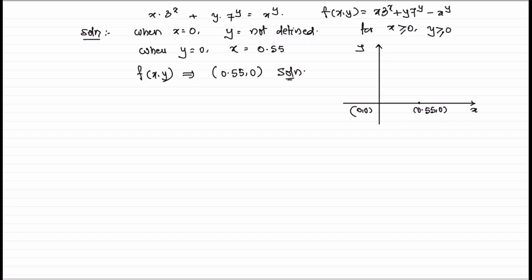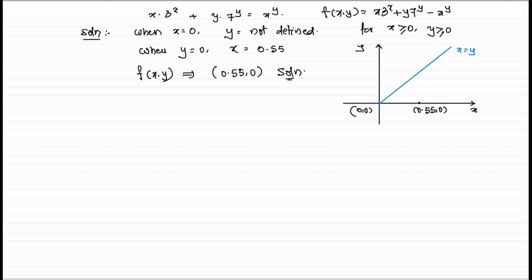Now, let us assume, because certain things we have to assume in mathematics and proceed, because it's a complex question. Let us assume that, let us draw a line for x is equal to y.